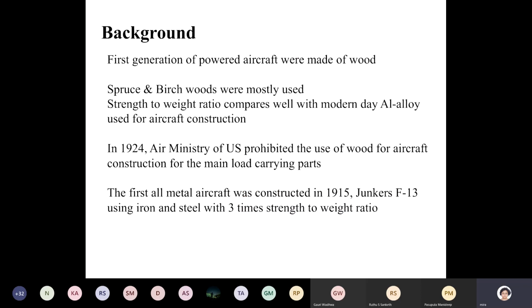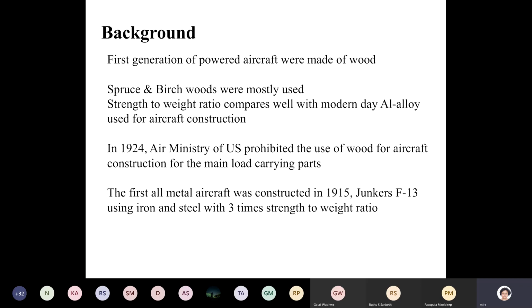So somewhere in 1914, there was a major aircraft accident where a legendary university football coach died, and that created a lot of media attention, and the US government banned the use of wood for construction of aircraft.